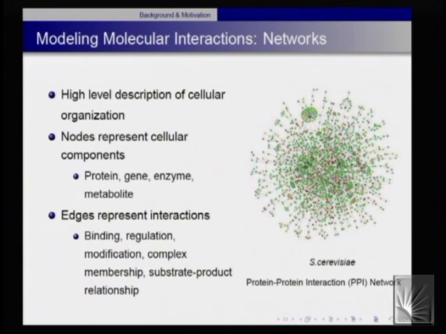They might correspond to binding, they might correspond to regulatory interactions, they might correspond to some signaling events such as modification, phosphorylation, or forming a complex together, where a complex is a macromolecular machine, a group of proteins that together perform a task, and so on and so forth. So this is the famous yeast protein-protein interaction network that is identified by high-throughput screening.